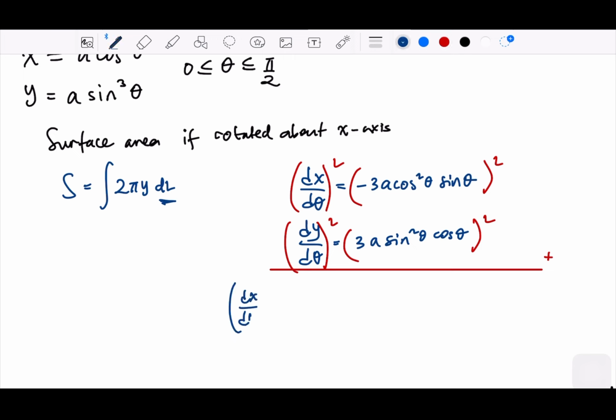So dx/d theta squared plus dy/d theta squared will be 9a squared cosine to the 4th theta sine squared theta, and this will be 9a squared sine to the 4th theta cosine squared theta.